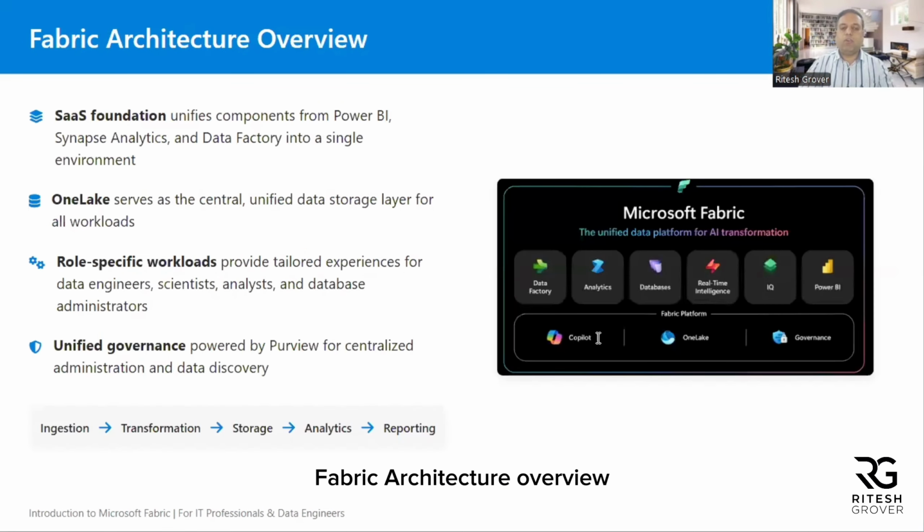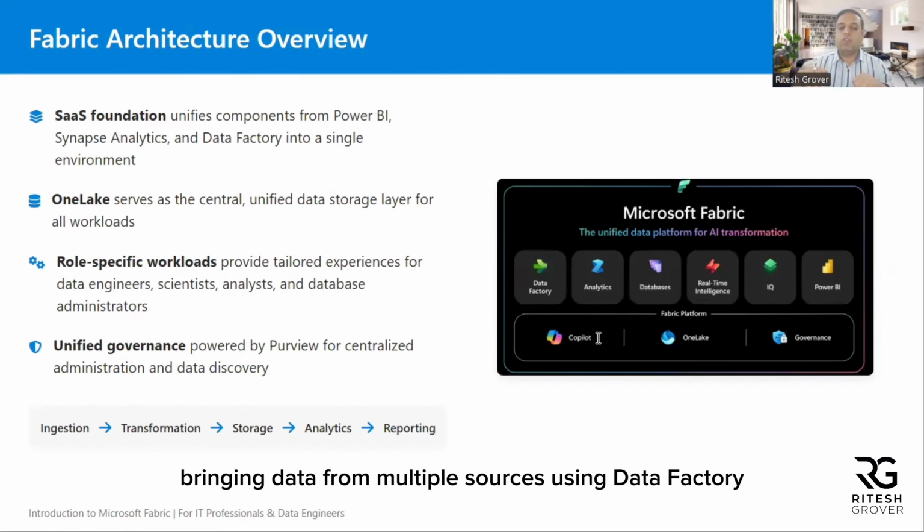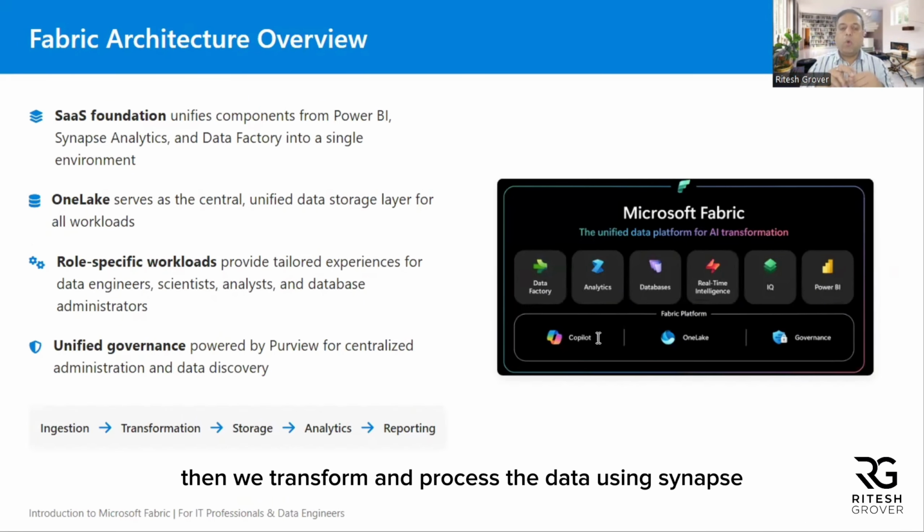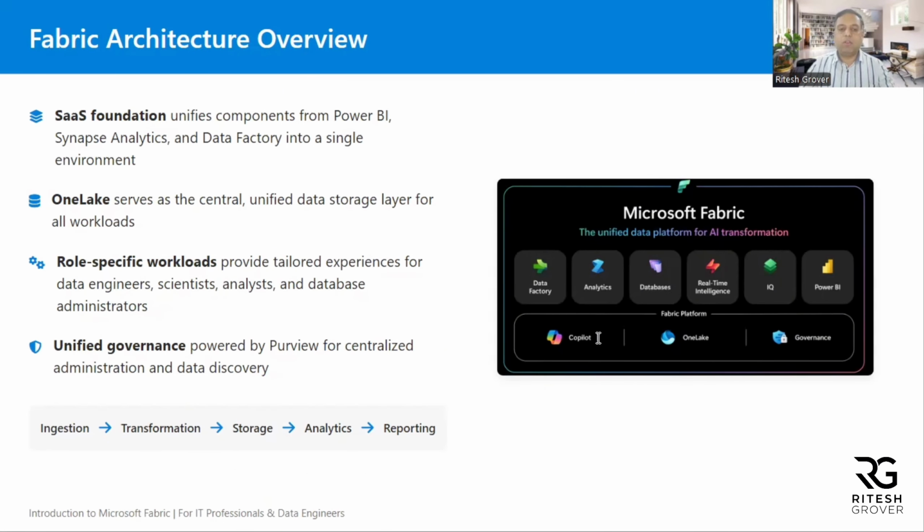Fabric architecture overview. So let's look at the high level architecture of Microsoft Fabric. It all starts with data ingestion, bringing data from multiple sources using Data Factory. So while using Data Factory, we're ingesting data into Microsoft Fabric. Then we transform and process the data using Synapse Data Engineering or dataflows.